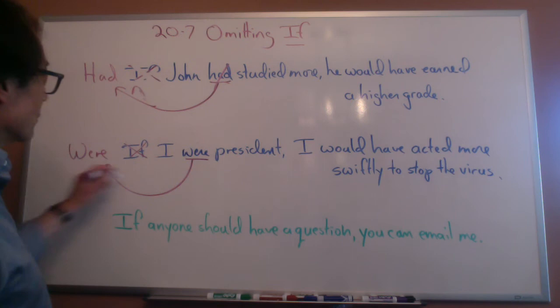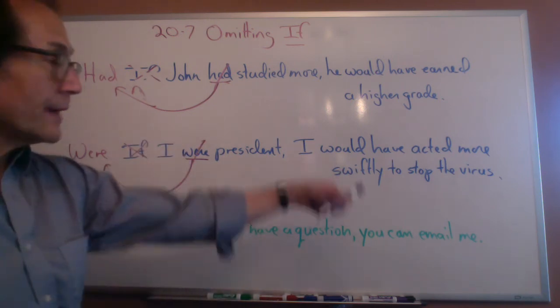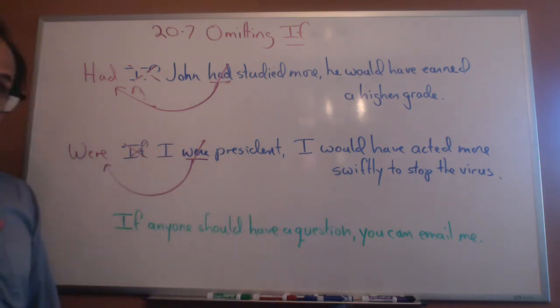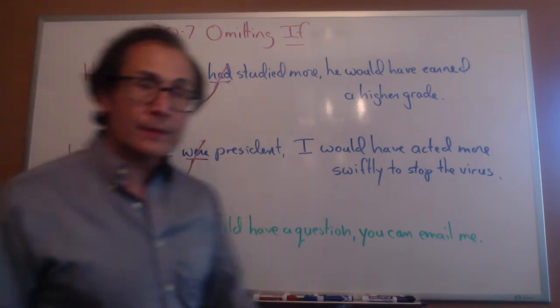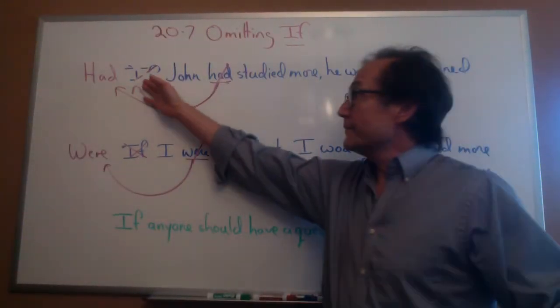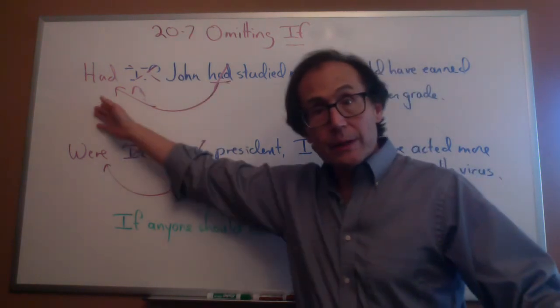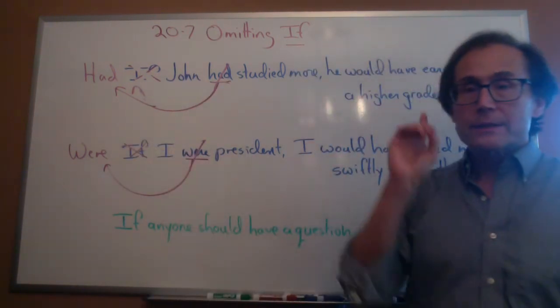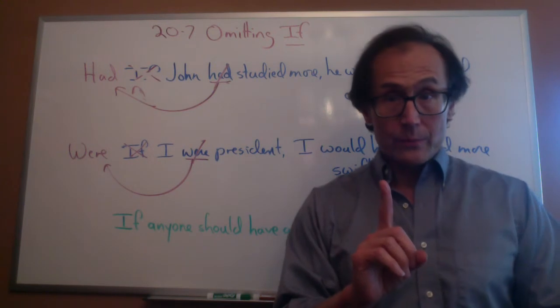So I'd say, were I president, I would have acted more swiftly to stop the virus. Pretty simple. I get rid of if, I take the first word of the verb and move it to the front.